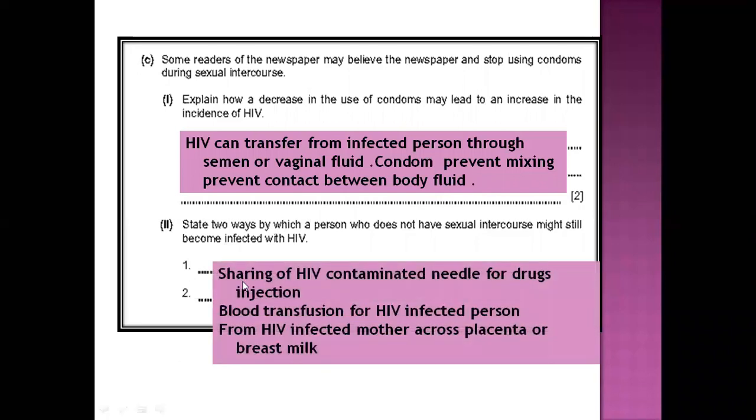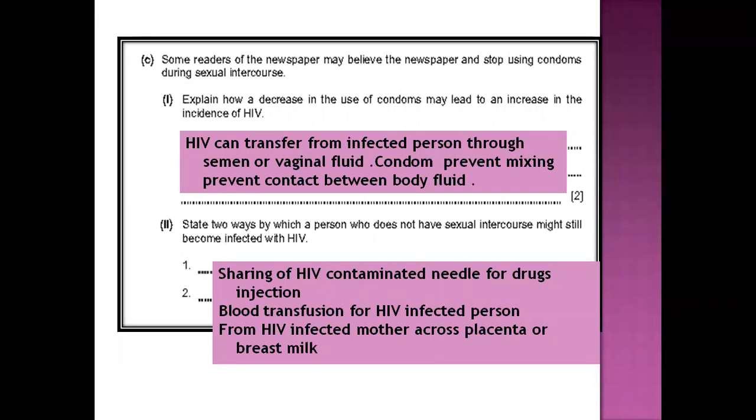Another one we have is sharing of HIV contaminated needles for drug injection. For example, one person used a needle for drug injection, and that person had HIV, and another person used that needle. It means the needle became contaminated with HIV.